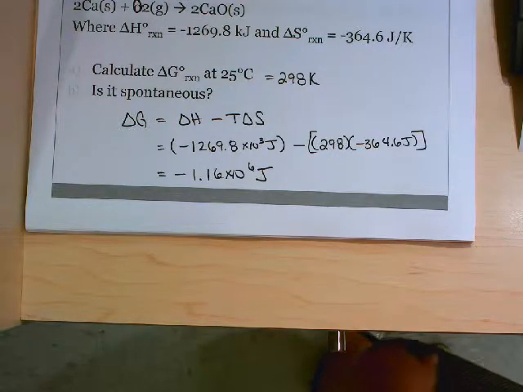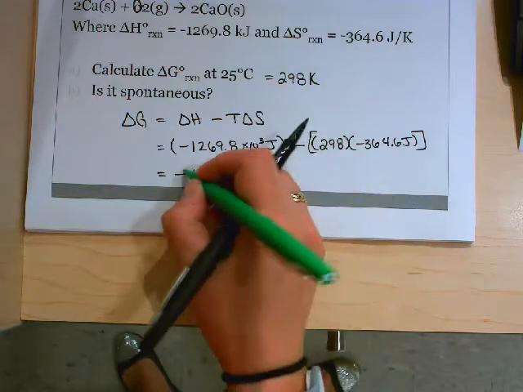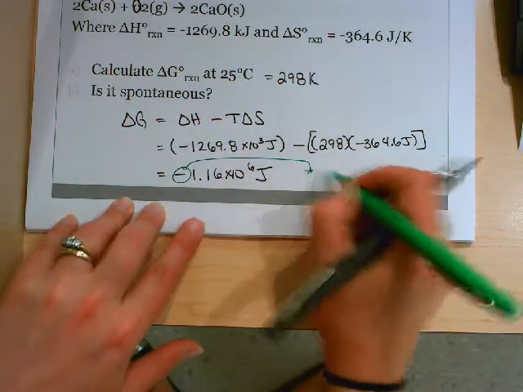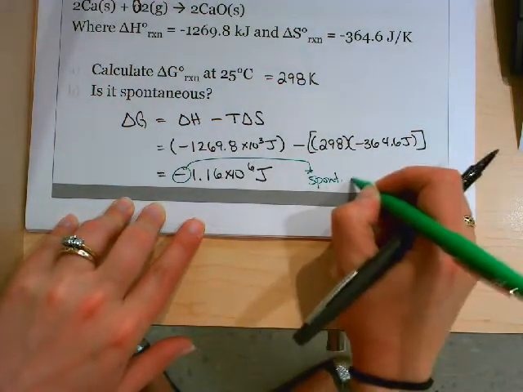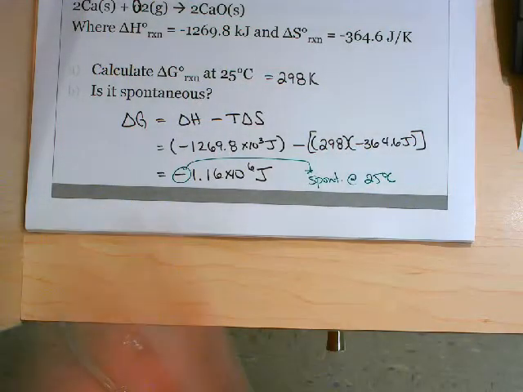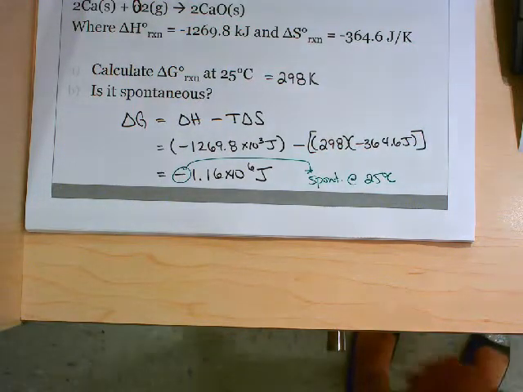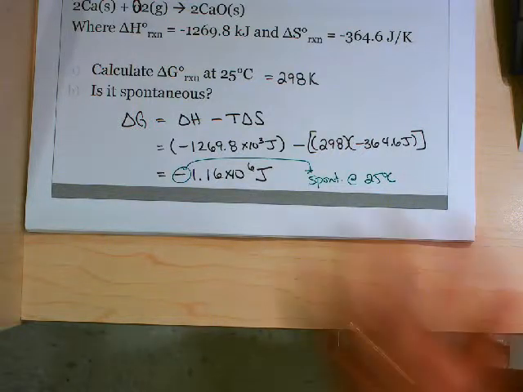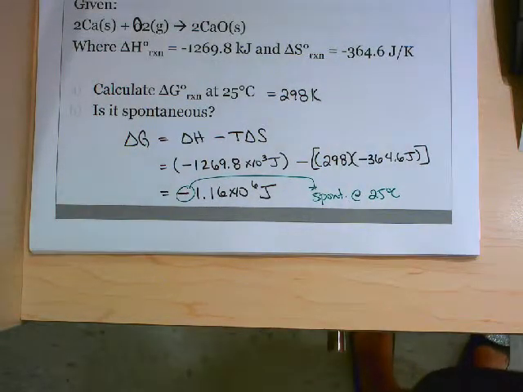Yes. What's the only thing that tells you it's spontaneous in my delta G value? Right, it's negative. At this temperature, even though it looks bad, going from a solid and gas combination, forcing them all together to make a solid, it is so exothermic that it overcomes the fact that the entropy is not particularly good.